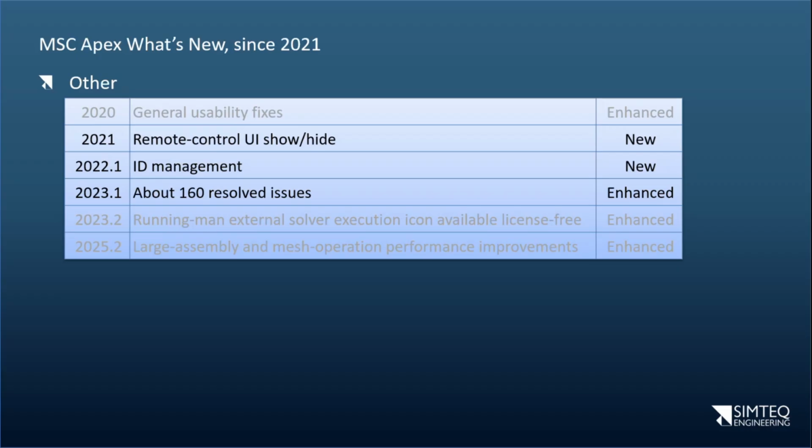And then since 23.2, you can execute the external Nastran solver using the Running Man icon without having the Apex structures license active. Only modeler. And then lastly, the large assembly and mesh operations performance improvements.